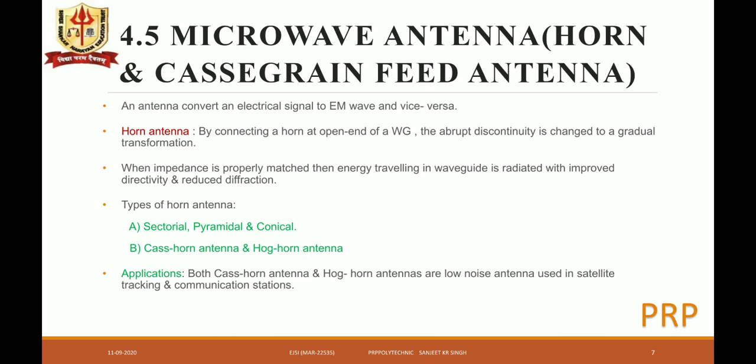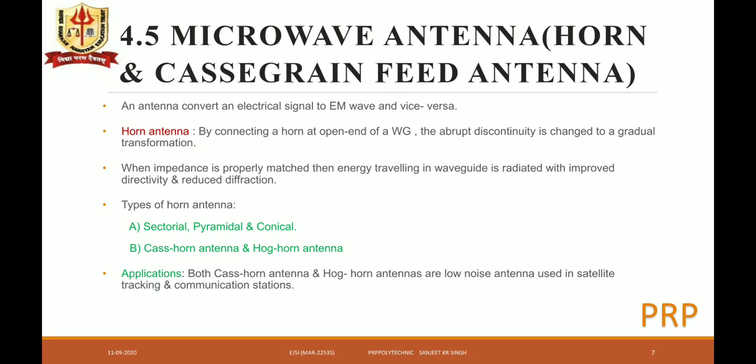In a horn antenna, a horn is connected at the open end of a waveguide, which changes a blunt discontinuity to a gradual transformation. When impedance is properly matched, the energy traveling in the waveguide is radiated with improved directivity and reduced diffraction. The types of horn antenna we have seen earlier are sectorial, pyramidal and conical.